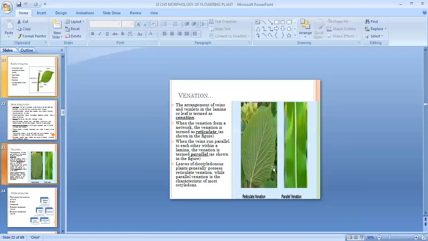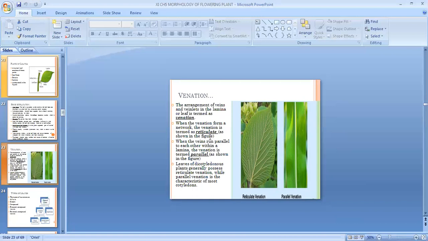Now let's talk about venation. What is venation? The arrangement of veins and veinlets on the lamina is termed as venation. It is basically of two types, reticulate venation and parallel venation. Reticulate venation is when the venation forms a network.